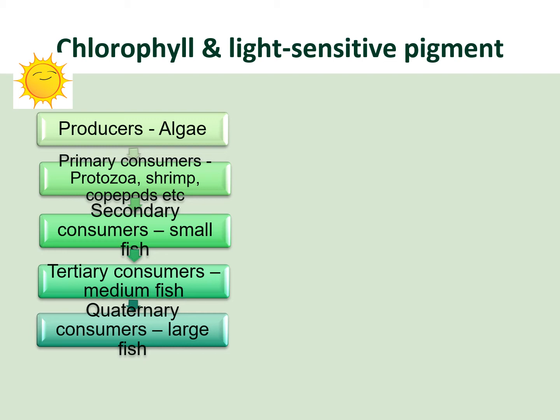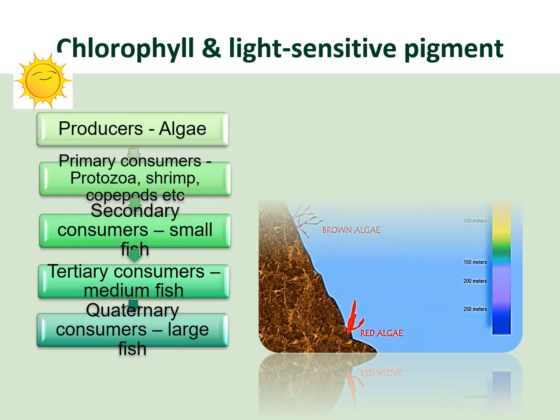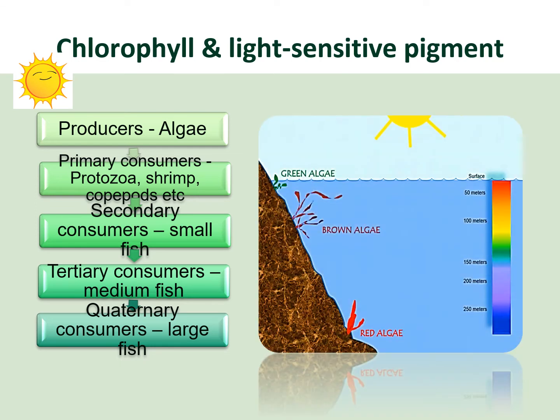Other than chlorophyll, these algae also have different light-sensitive pigments, which help these organisms live in different environments. The reason is that the pigments absorb light of different wavelengths. Red light is absorbed by the water first.